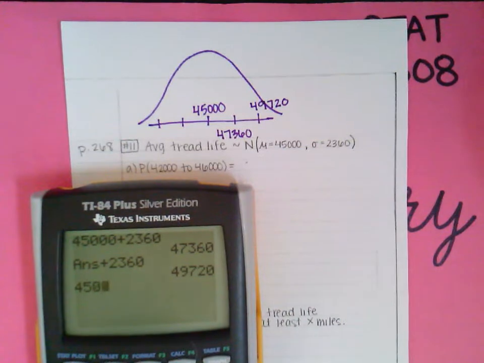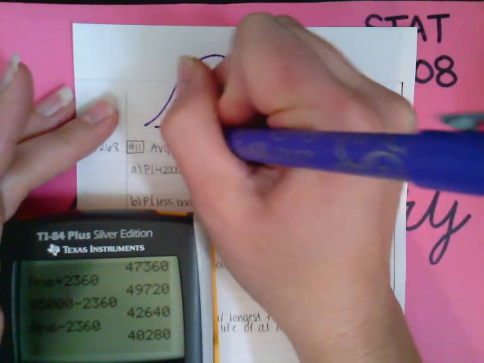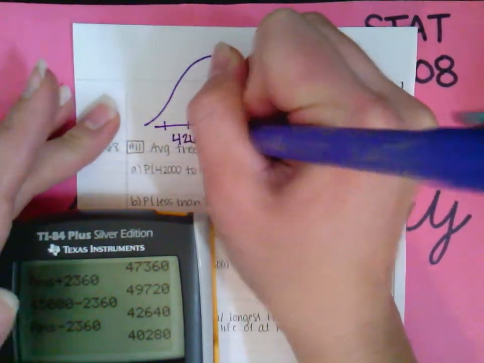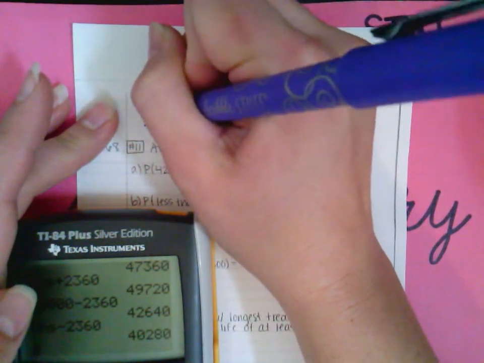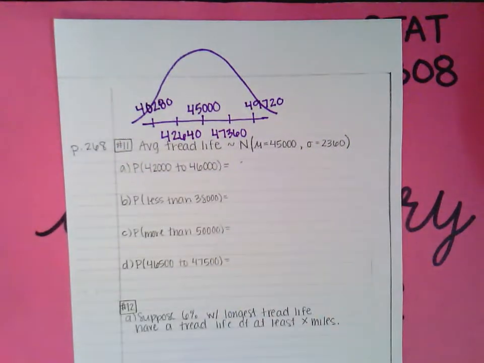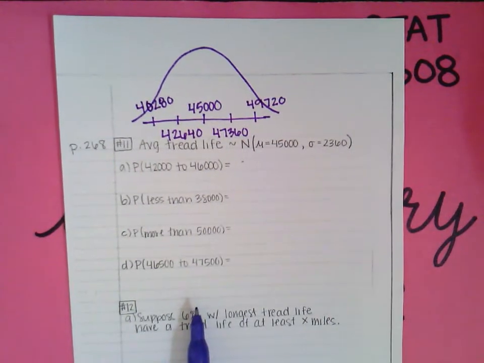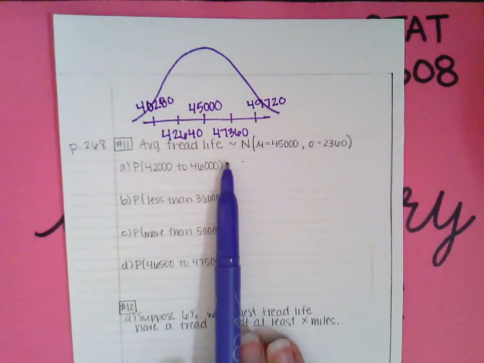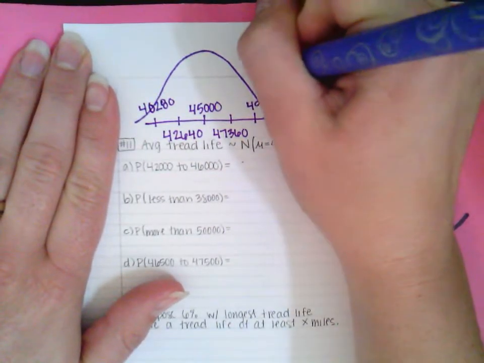Again, if I take 45,000 and I subtract the value of the standard deviation, then I can get 1 standard deviation and 2 standard deviations here. I don't know that you really need more than that just for your general drawing here. This is just to help us figure out the other probabilities and give us some rationale here. But this is the population of tire tread life.